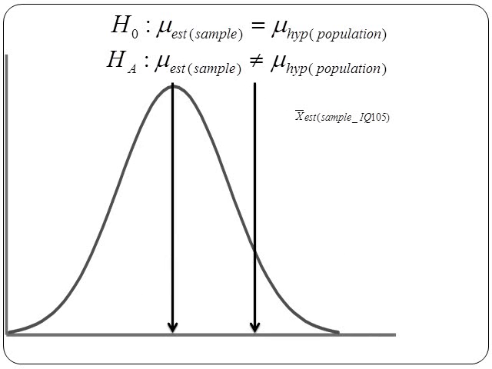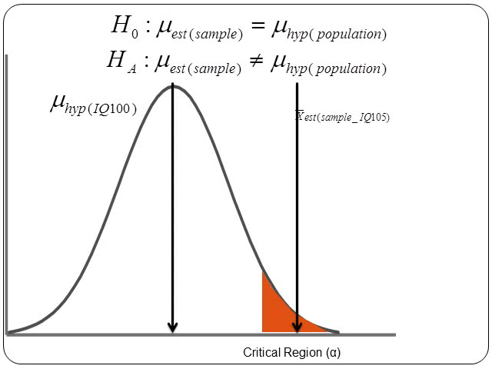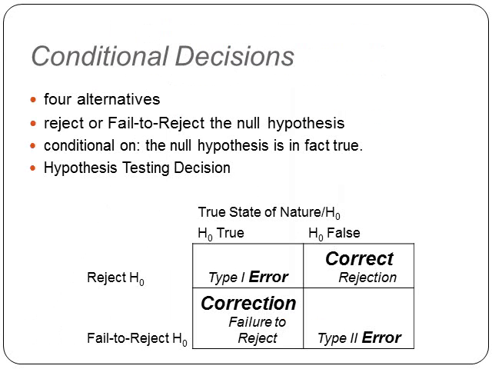For example, we have a sample IQ, which is 105, and in the population we expect IQ to be 100. We can look in the region of rejection to see whether or not that 105 falls in the critical region of rejection. If it did, we would have a value nested in that shaded area, and if not, it would be outside.